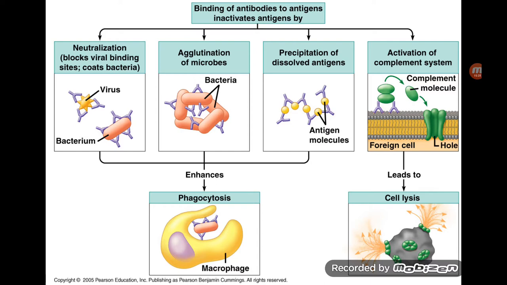We have here a diagram which gives an amazingly detailed version of how antibodies are going to lead to the destruction of those pathogens. They are all of interest to us as biologists. For A-level, though, there's a few that I really want to point out to you. So the first is we'll start with neutralization on the left.